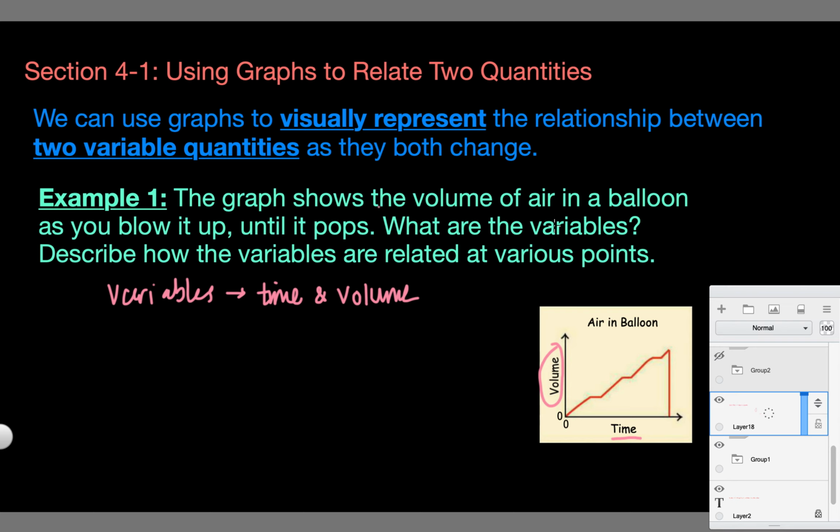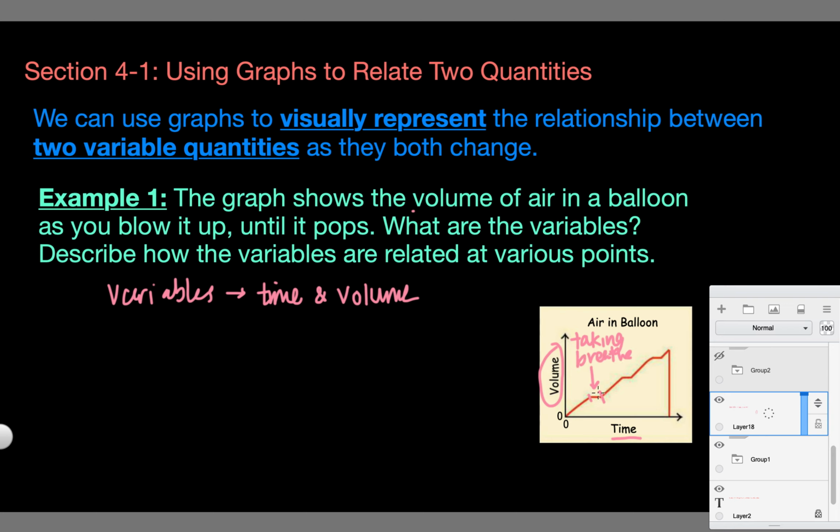So in our problem, it tells us that the volume is increasing as you blow up the balloon. So as you can see, this steep part right here is where our volume is increasing. So we're increasing, and then you see how it levels off right here and it stops for a little bit. I think that this is where somebody maybe is taking a breath.